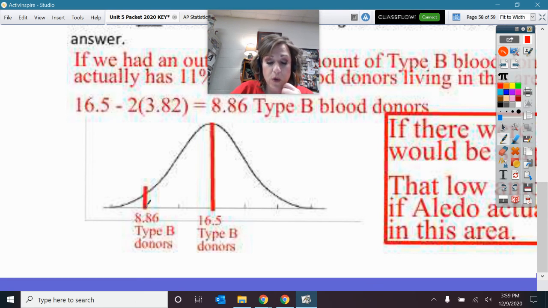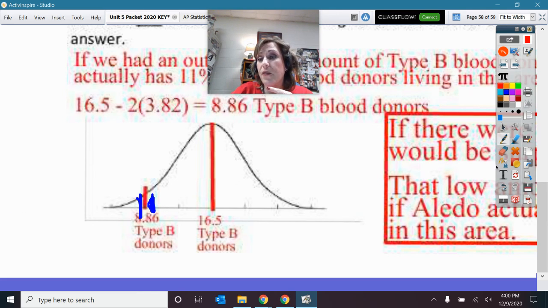Okay. So where would unusual be? If I had 9 donors, is that unusual? And that answer is no. It's on the edge of unusual, but no, 9 is not unusual because that is inside the fence. 8 or fewer donors would be unusual.